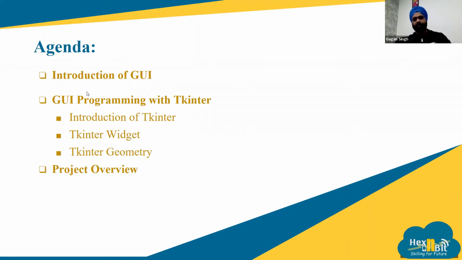Then we will discuss how we can design a GUI using Tkinter in Python. Tkinter is a module. We will learn some fundamentals about it. And after that, we will be designing our project, that is a weather update application. In that, we will be designing our GUI as well as creating the code for it, right? So let's start.